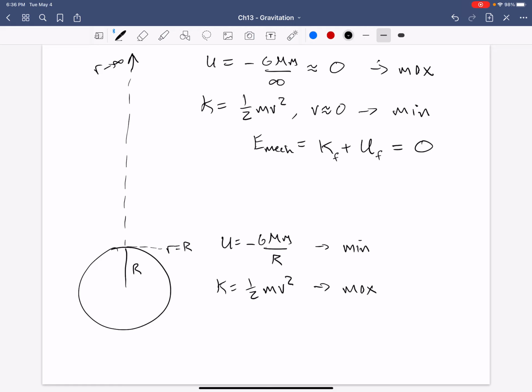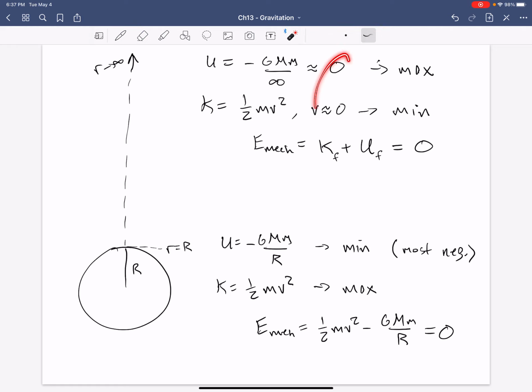It has a minimum value that depends on the mass and radius of those objects, right? But by minimum, I mean most negative. From conservation of energy, the mechanical energy at launch, at the start, should also be 0. 1/2 mv squared, now it's minus Gmm over capital R. It should also be 0 because it turned out to be 0 at an infinite distance away.